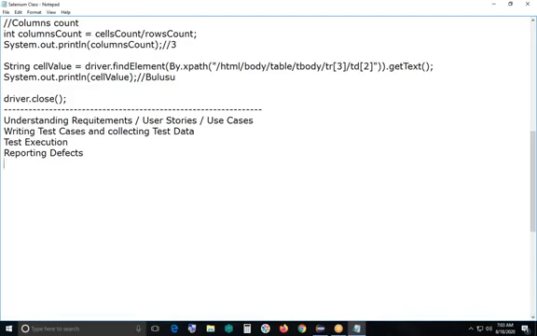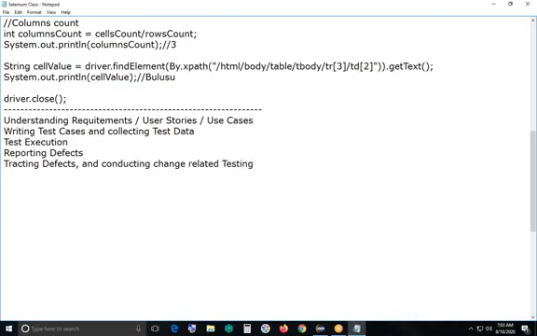Next, after receiving a new version of the software or modified build, tracking defects and conducting change related testing.